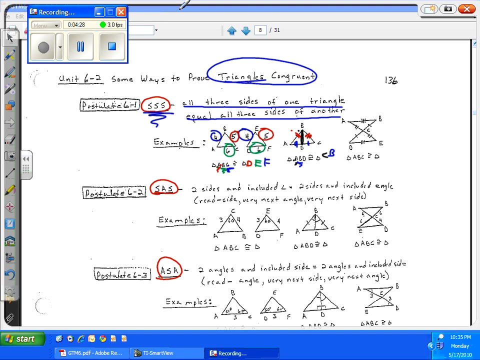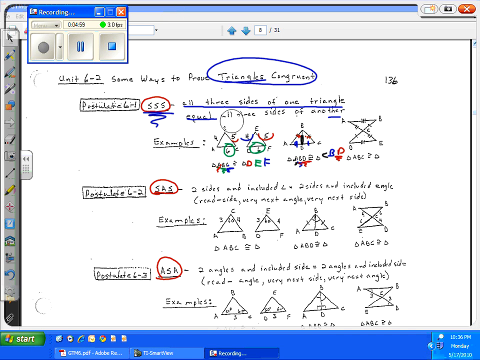Opposite the red in the triangle on the left is the D. Opposite the red on the right would be D. So the triangle congruency would be triangle ABD congruent to triangle CBD, A being equal to C, B being equal to B, and D being equal to D.